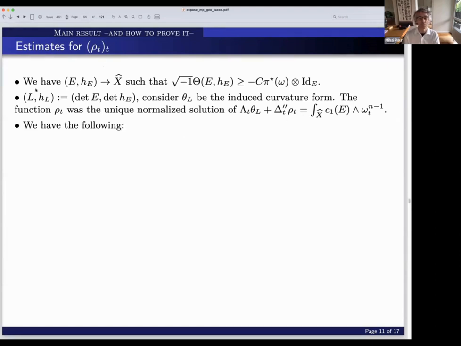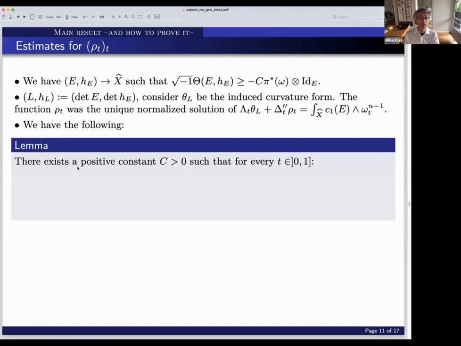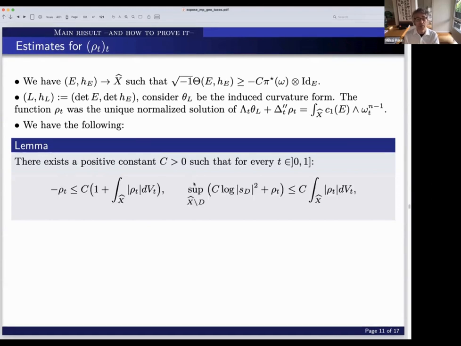And then we have the following lemma. There is a positive constant c such that for every t in (0,1), we have this inequality.